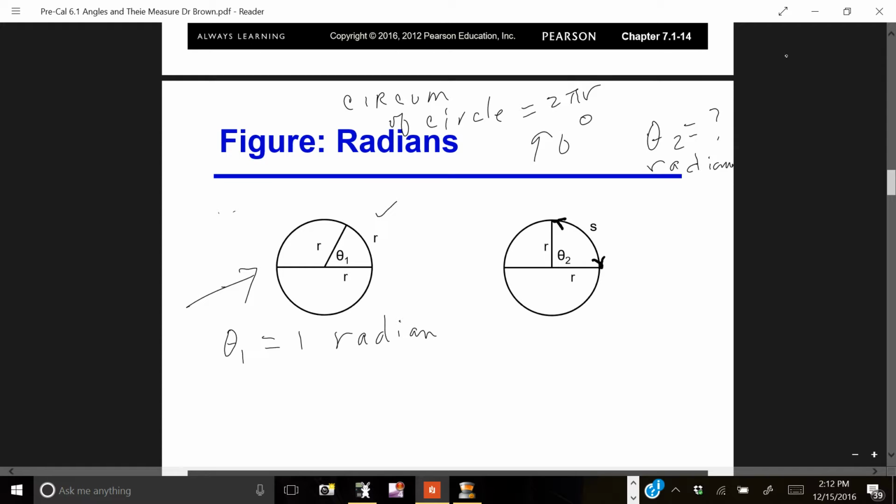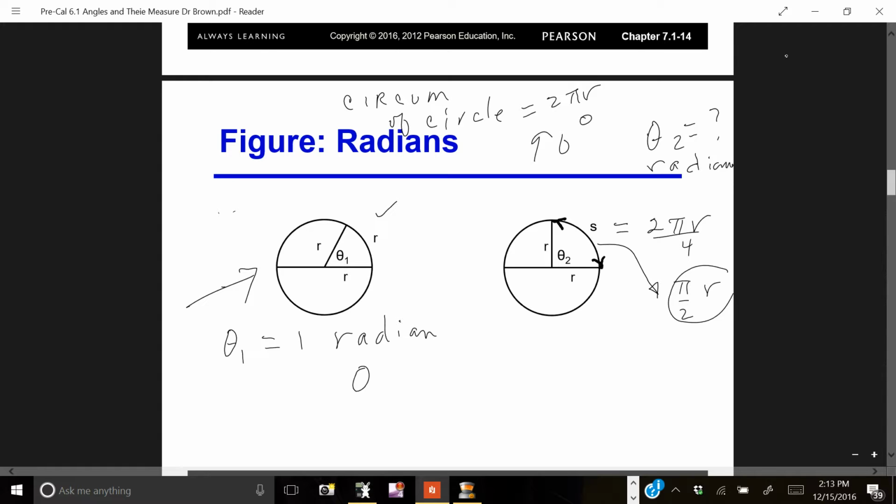So this S is going to be 2 pi r divided by 4. So this arc length is going to be pi over 2 times r.